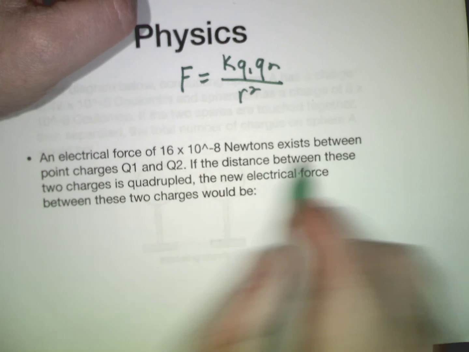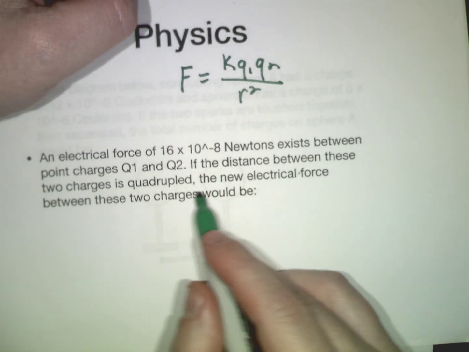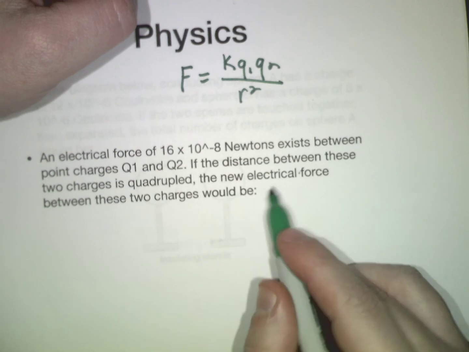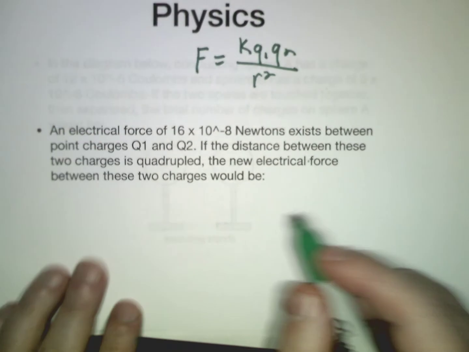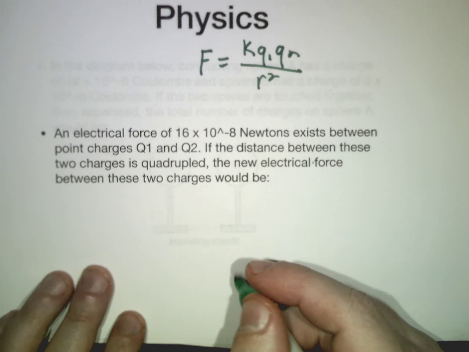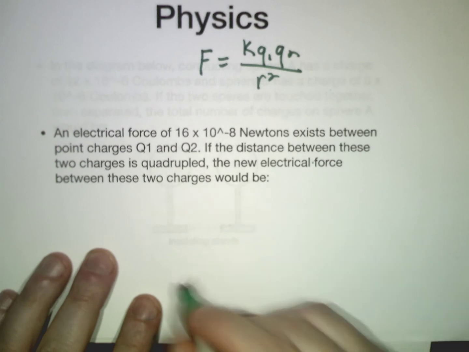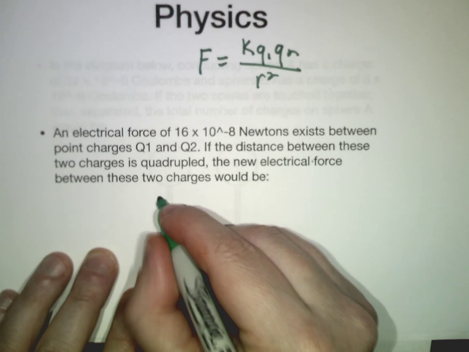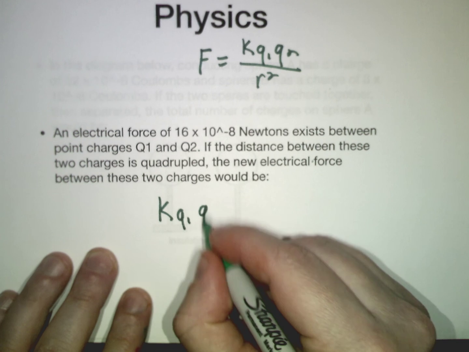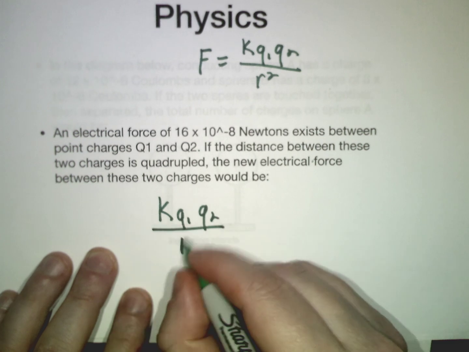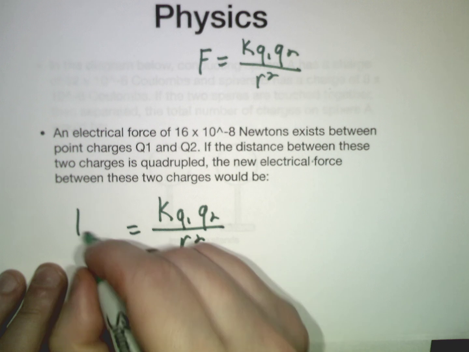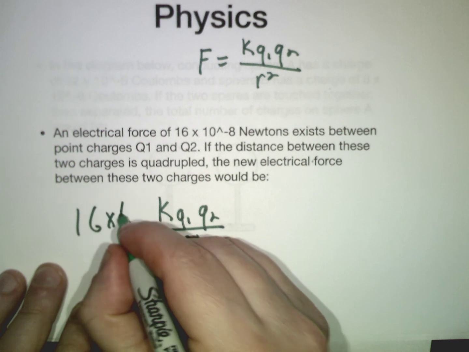If the distance between these 2 charges is quadrupled, the new electrical force between these 2 charges would be. So, if I look at this, this is my charge. And whatever K, Q1, Q2, over r squared is, it's equal to 16 times 10 to the negative 8.